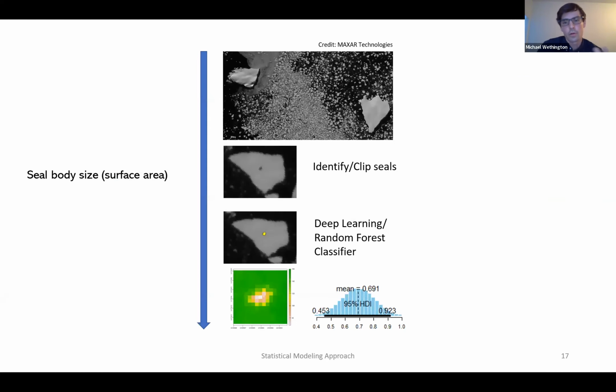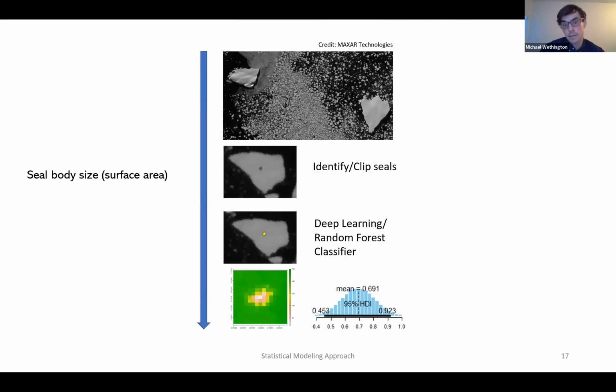It's a little bit more involved, so I'll walk through it for you. Starting from the top, moving our way down, we have a WorldView-3 image of just pack ice. We know where all the seals are located, and we think we do. For every individual, we clip out the seal and its surrounding environment, and pass that raster image through either a deep learning or a random forest classifier to extract individual seal pixels.